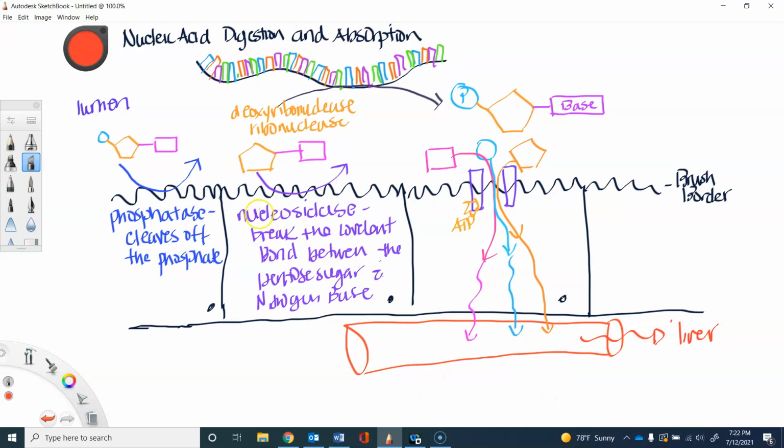All right, so basically, in nucleic acid digestion and absorption, we're talking about, again, DNA and RNA. So they are broken down into their nucleotides.